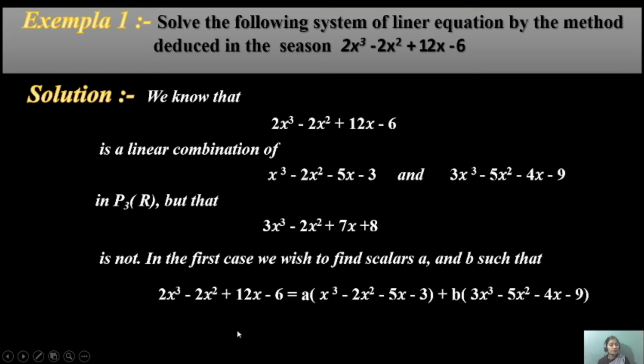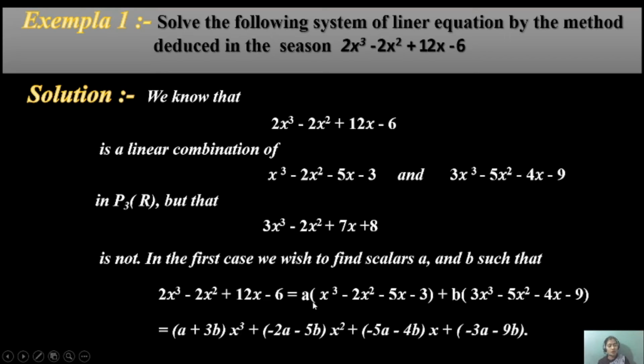Solving this equation, we combine the x cube terms: a x cube minus 2a x square minus 5a x minus 3a. Then we combine the x square terms in the same way.